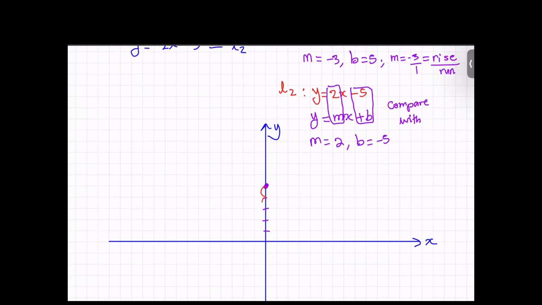Then repeat again, down 1, 2, 3, and run 1. You just connect these 3 dots, and you're finished.